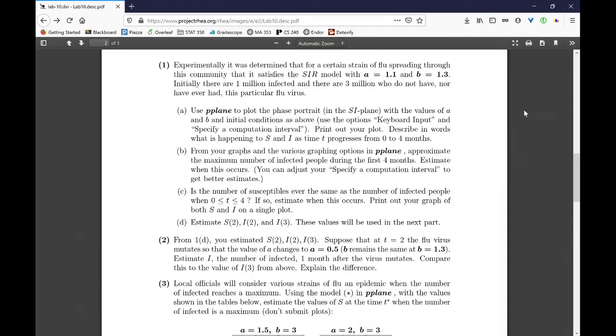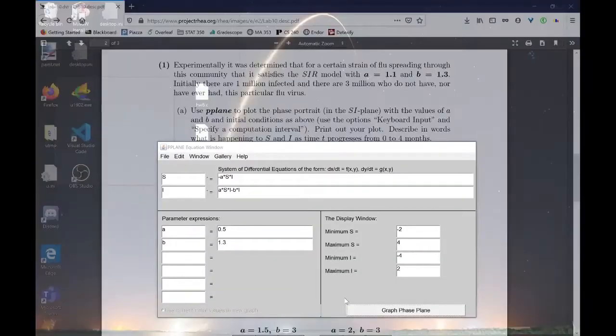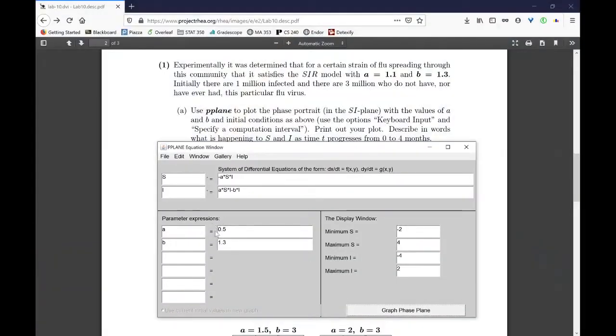Alright, so for question 2, suppose that at time equals 2, the flu virus mutates so that the value of A changes to 0.5. Estimate I, the number of infected 1 month after the virus mutates, and compare this to the value of I of 3 from above and explain the difference. So we're just going to change our value of A right here to 0.5.